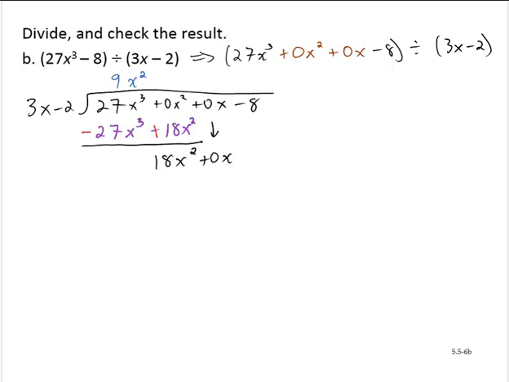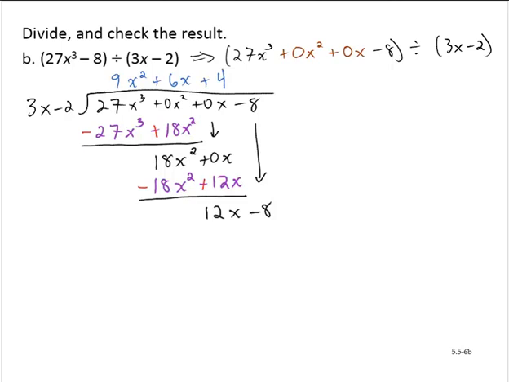3x divides into 18x squared 6x times. Multiplying back gives 18x squared minus 12x. Subtracting by changing the signs and combining like terms, 0x squared, 12x, drop down the minus 8, repeat the process. 3x divides into 12x 4 times.